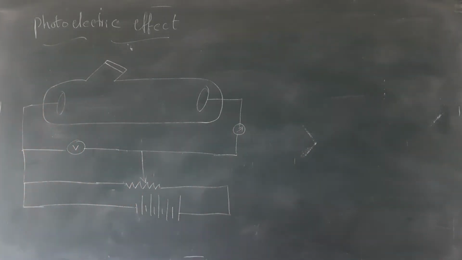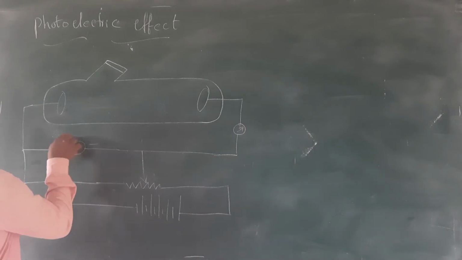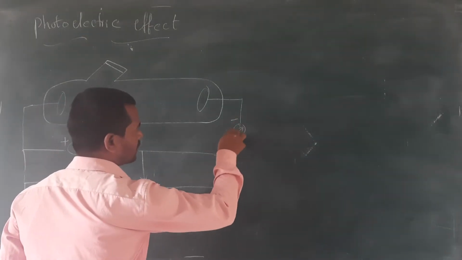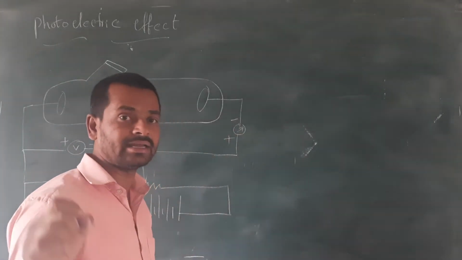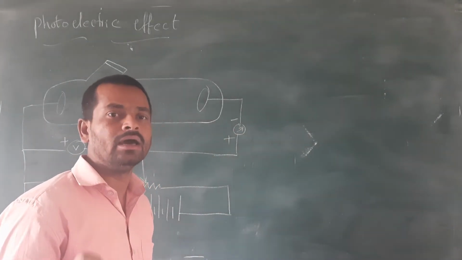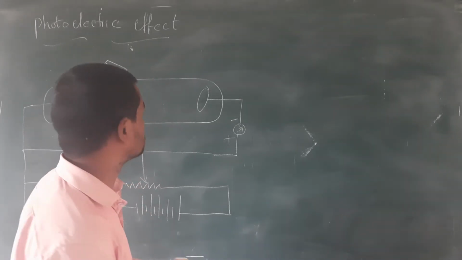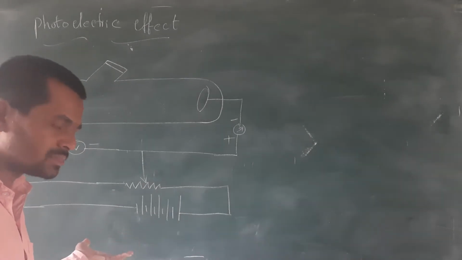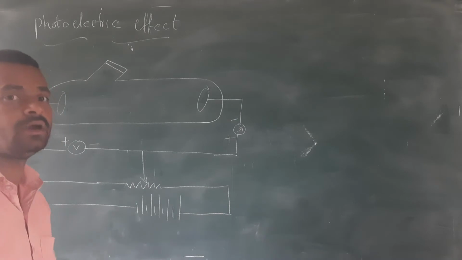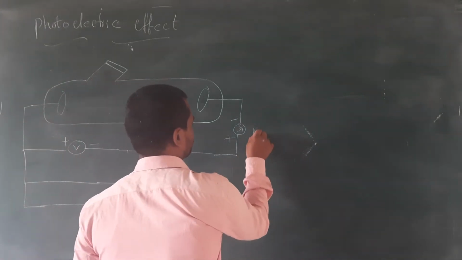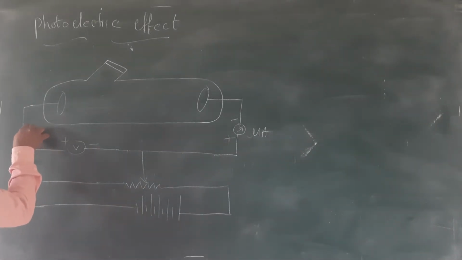Here is a voltmeter, and this is an ammeter, a microammeter, which shows the current in microamperes. The current cannot be in amperes; a very small amount of current is produced, in microamperes. The current flows in this direction.